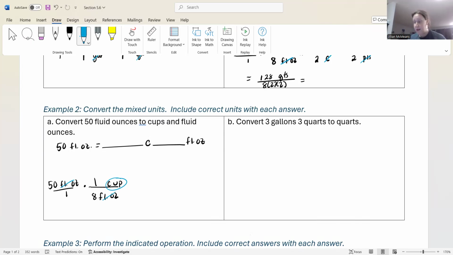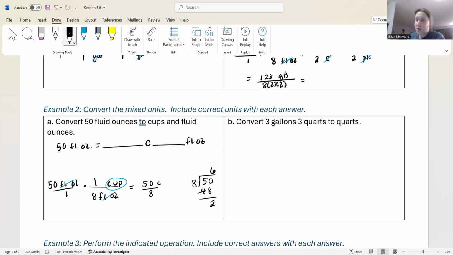And instead of dividing this into the calculator, which would just give us a decimal, we're going to do some long division. So let's clean this up. My numerator is 50 times 1, so I get 50 cups divided by 1 times 8. Off to the side, I'm going to do 50 divided by 8. I don't really need my calculator for this one. 8 goes into 50 6 times. 6 times 8 is 48. I'm going to subtract. I get 2.